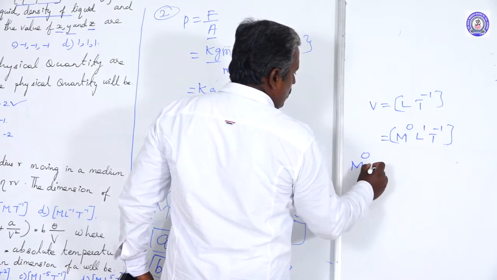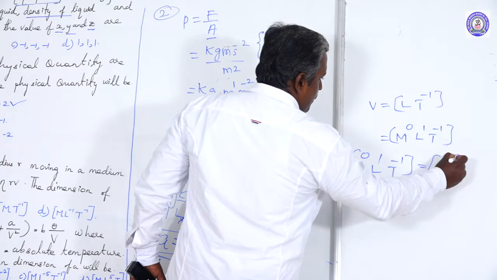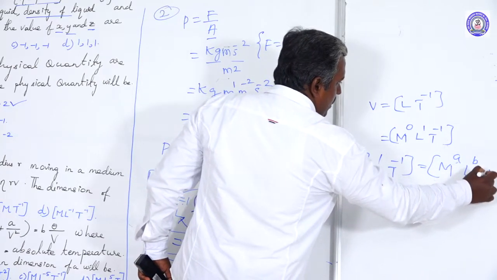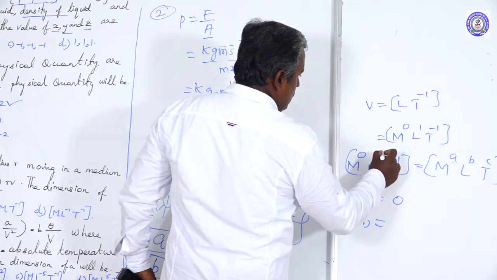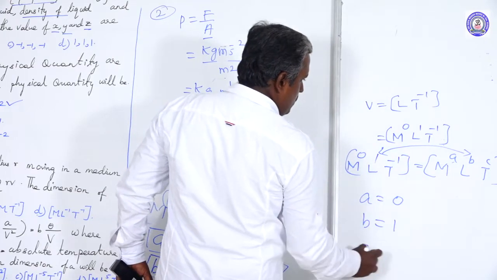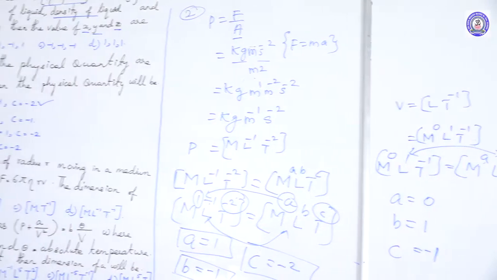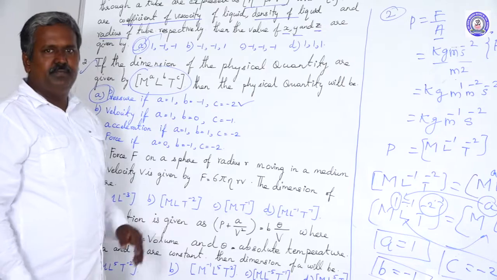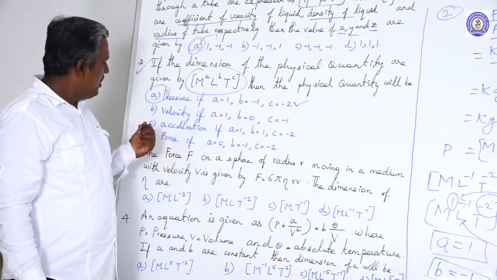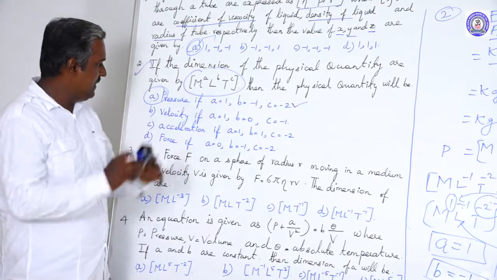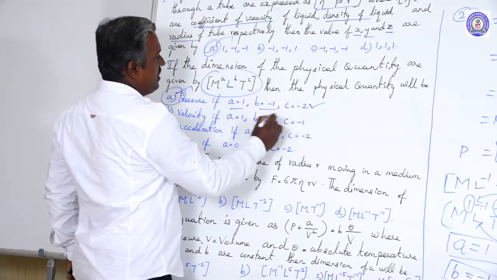So M power 0, L power 1, T power minus 1 is equal to M power A, L power B, T power C. So A is equal to 0, B is equal to 1, C is equal to minus 1. But here given A is equal to 1, not matching, correct? So this is wrong. You can check acceleration and force also. So here correct option is the first option: A is equal to 1, B is equal to minus 1, C is equal to minus 2.